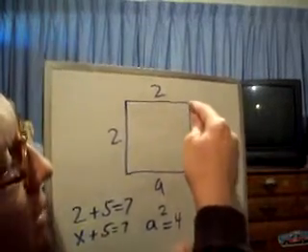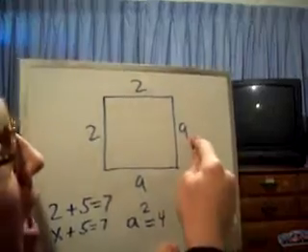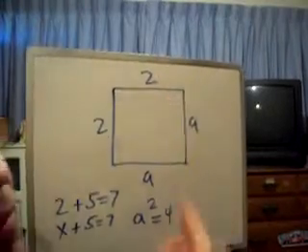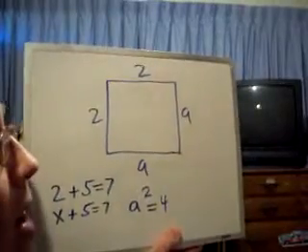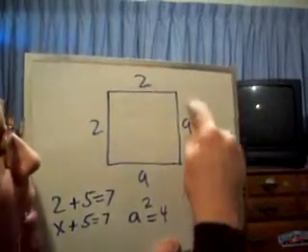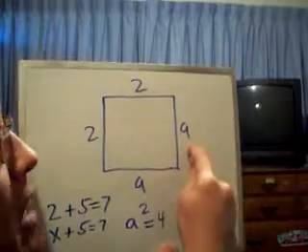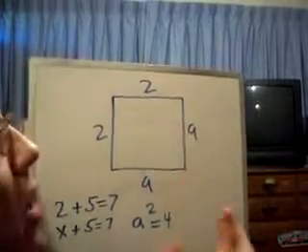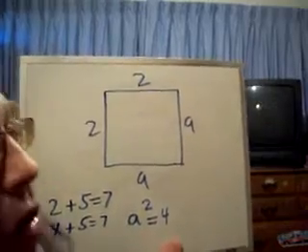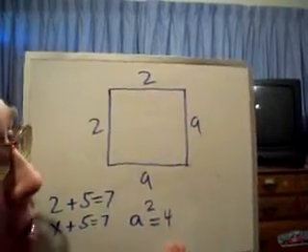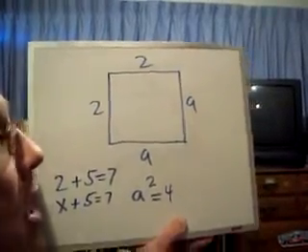But this time we said this length is A. Well, A is 2. In this example, A is 2. Okay? So just because we called it A and not called it 2 does not mean that it's not 2. It's 2. It's just got a disguise on it. A variable is a number with a disguise. That's all it is. Okay.